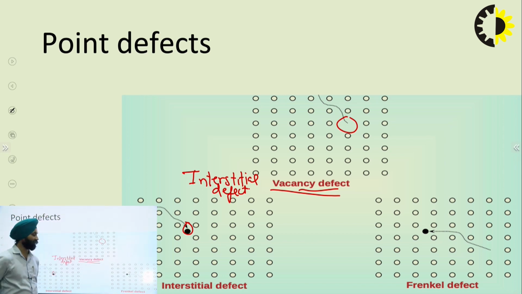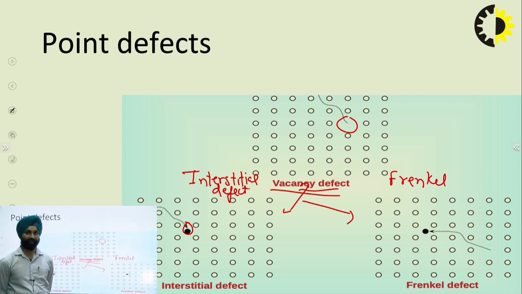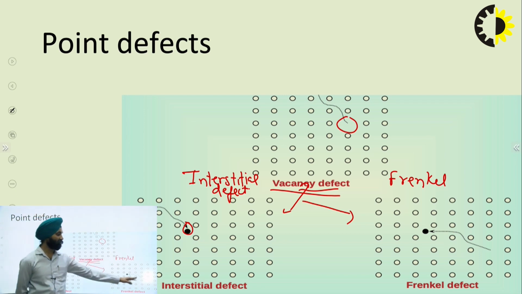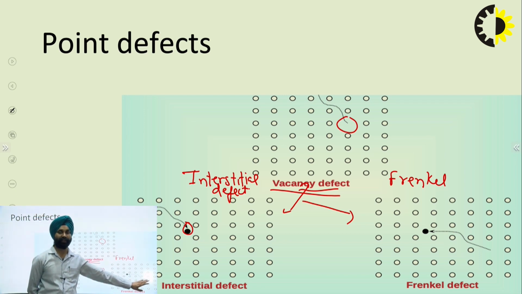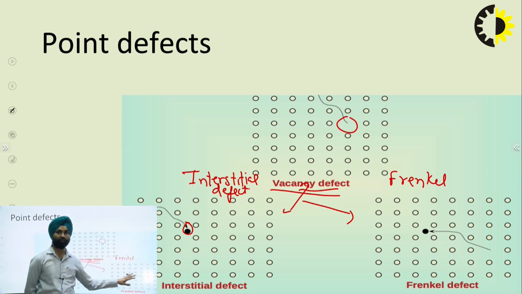Now, if we join these two defects, this will result in the Frenkel defect. This Frenkel defect means there is some atom which is not present at the position where it should be, but it has moved to some other place.